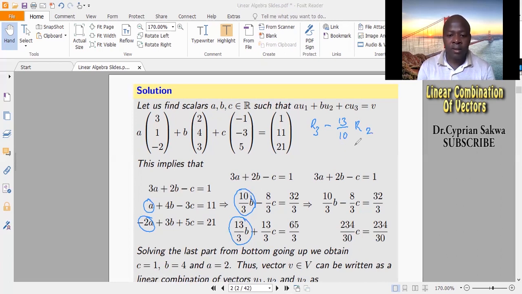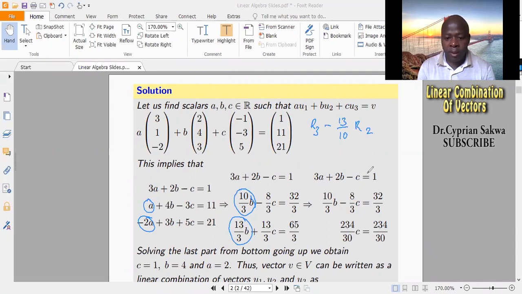So 13 over 10 of 10 over 3 will give me what I want. I want 13 over 3 to subtract from this, where I have a 0. So what we shall be doing is, I'm taking row 3, and then from it, I subtract 13 over 10 of row 2. So let's see what we have in the next column here.